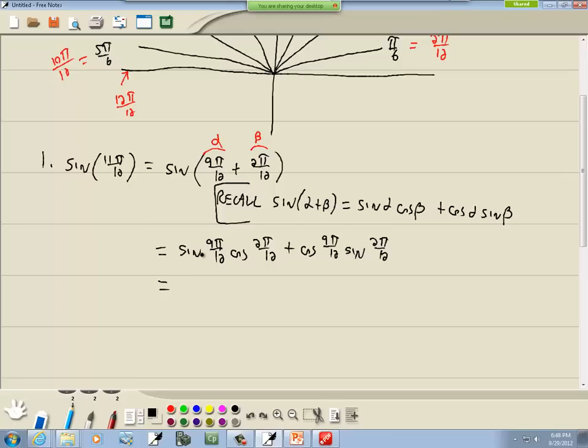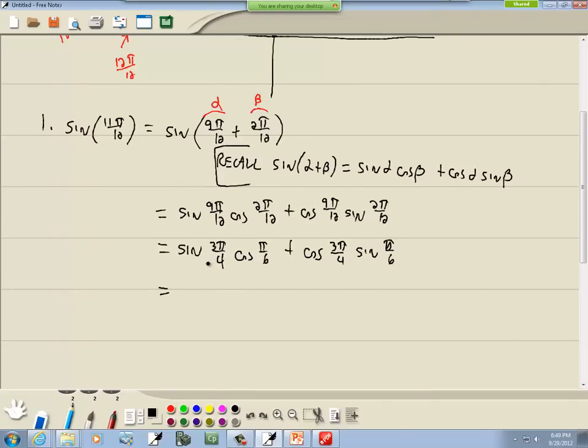Probably best to put these back into their simplified form that matches our unit circle. So sine of 3 pi over 4, cosine of pi over 6. And this is cosine of 3 pi over 4, and sine of pi over 6.